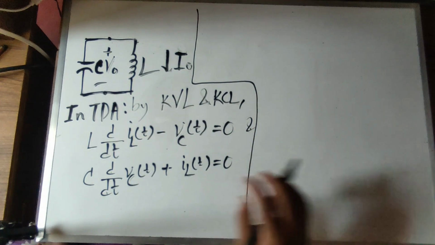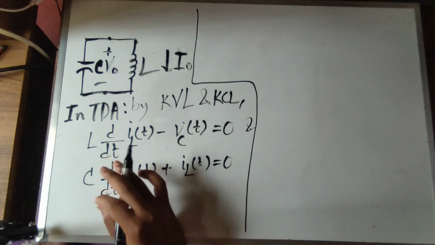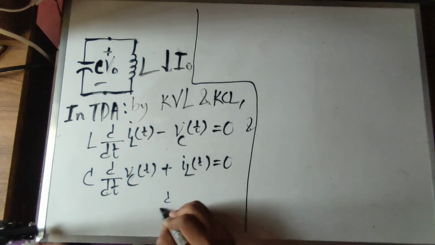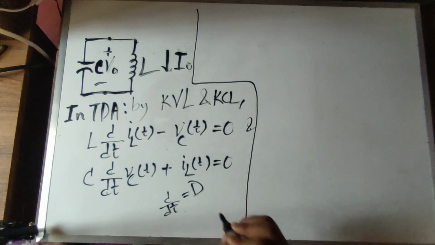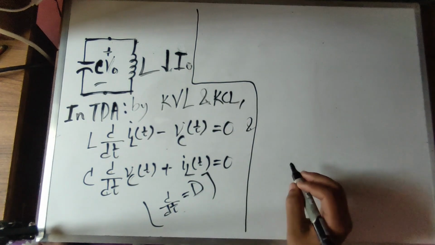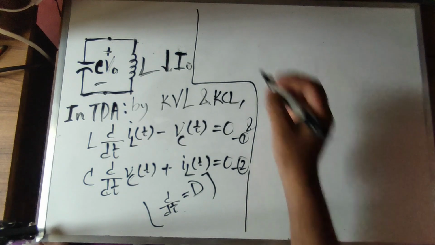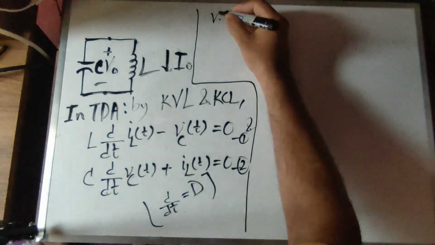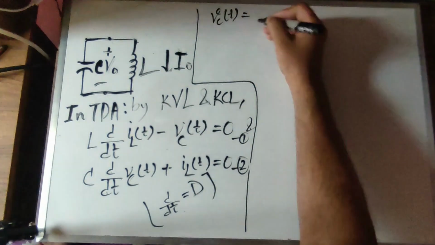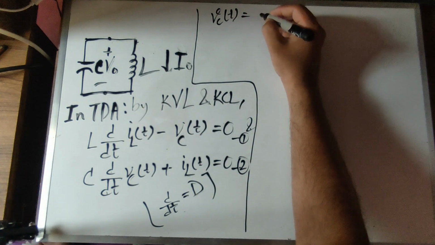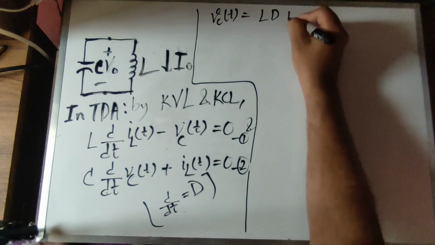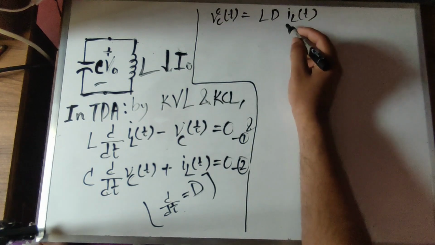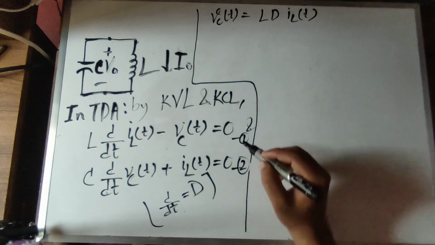Now what to do? So let us replace the differentiation term by linear differential operator. So d by dt, let us replace it by D. So say v_C(t) equals L D i_L(t). Now let me substitute this in equation 2.